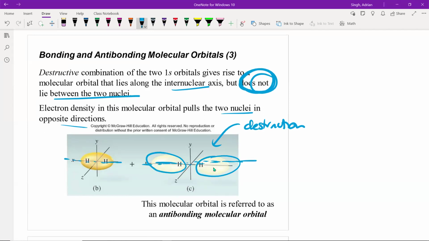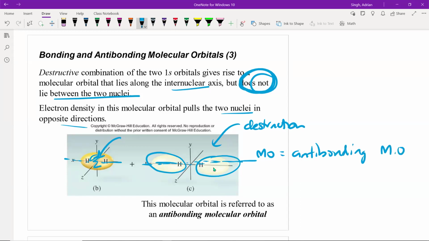Okay, in the case of the bonding MO, the electron density was in the middle. Here, the electron density is on the outside. So this is known as a destructive combination, and we refer to this type of MO as an antibonding MO.